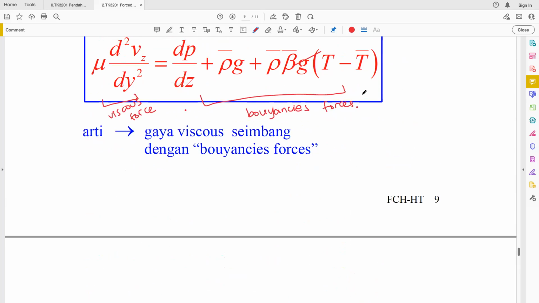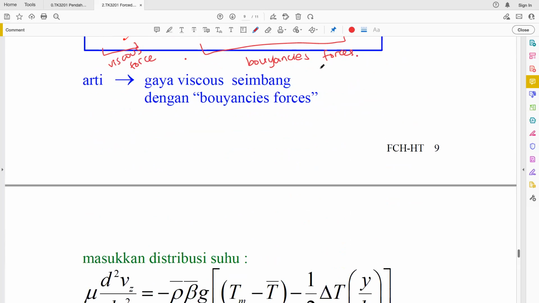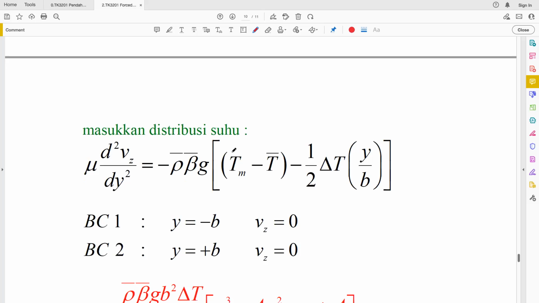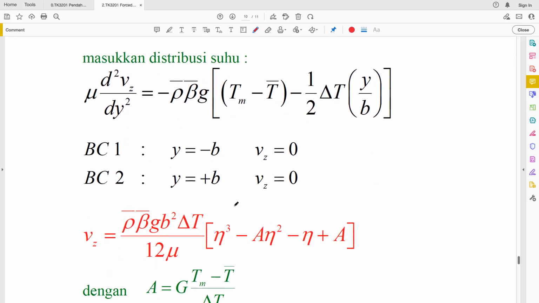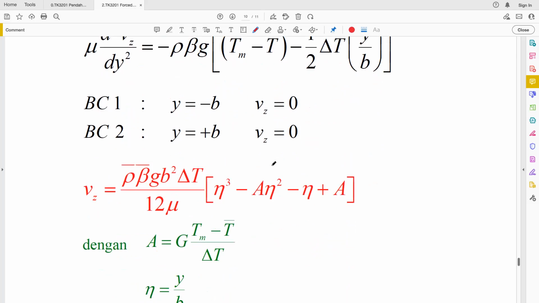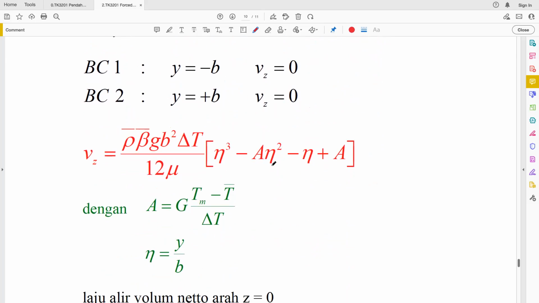So the T we change it with the temperature distribution, which is this one. Okay, and then with some boundary conditions, and then we add some dimensionless numbers again.